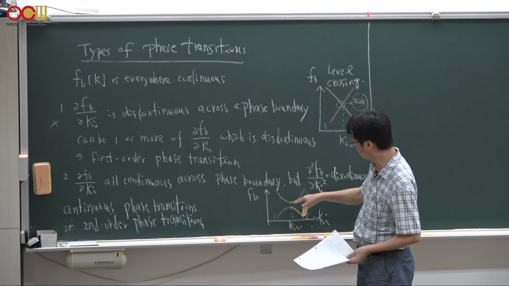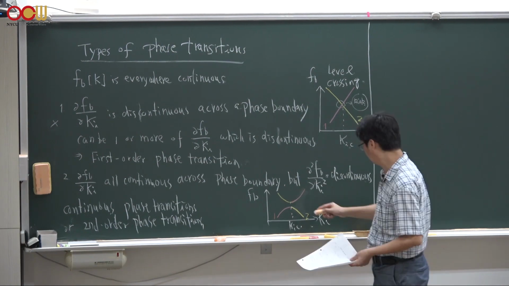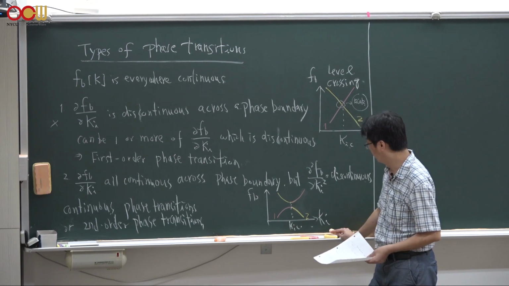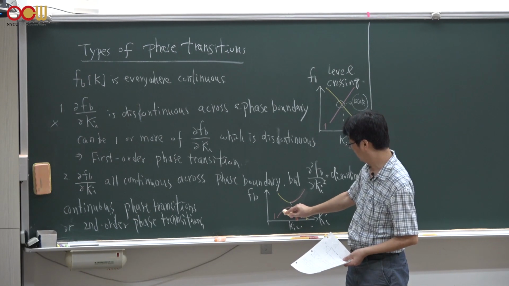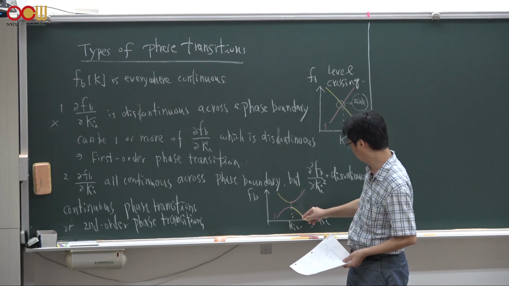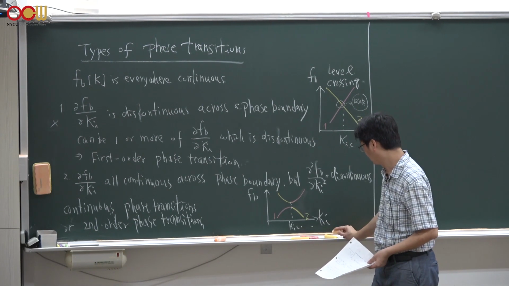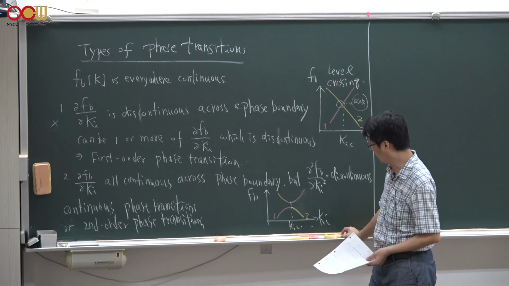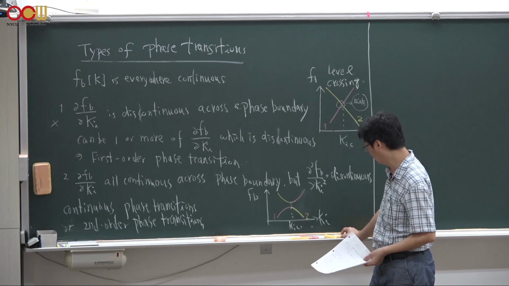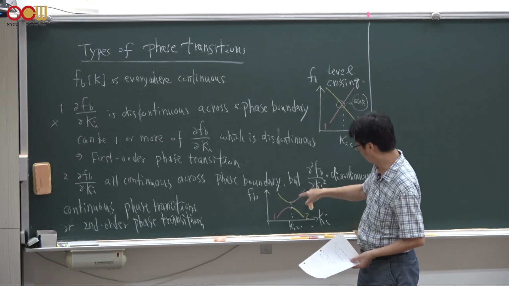So these two states will never cross each other, even at this critical point. For K less than the critical value, it is the red state 1, which is the ground state, and above the critical value it is the yellow, or state 2, but the red and yellow actually connect continuously at the transition, and these two curves never cross each other.